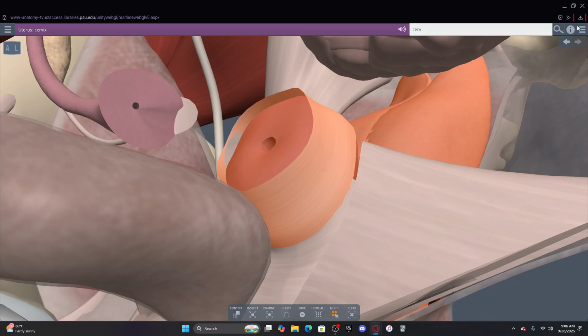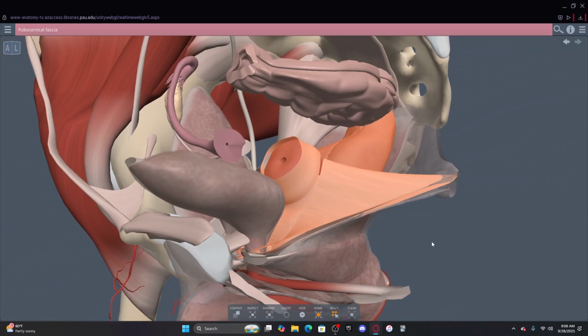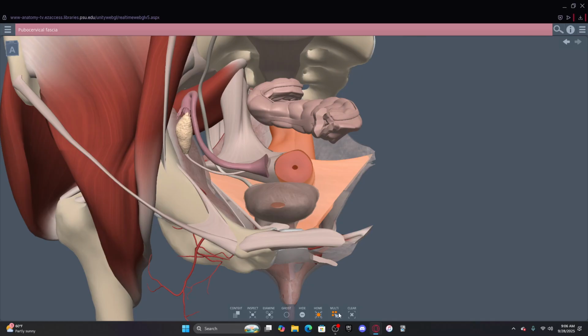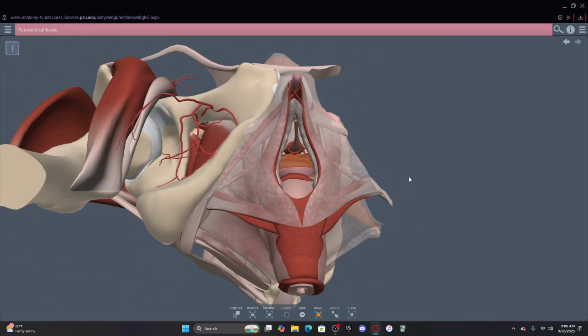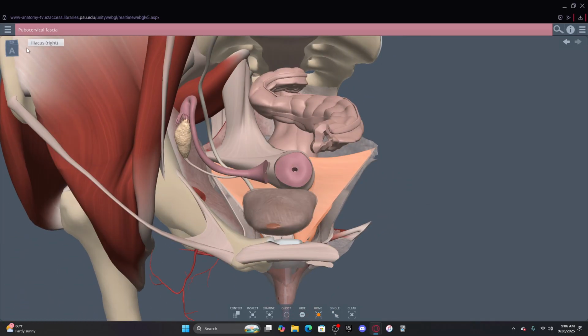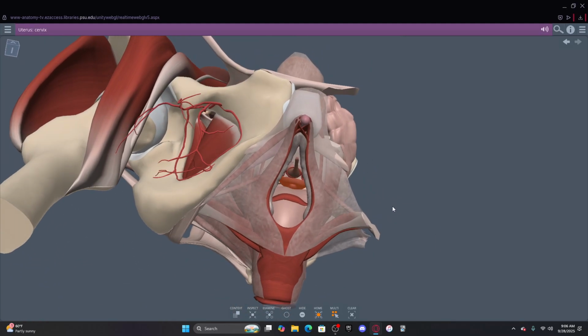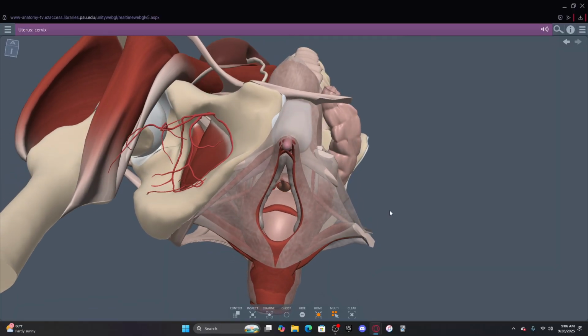Uterus, cervix. I pressed cervix, you can see it right there. Right after the vagina, you see the cervix.